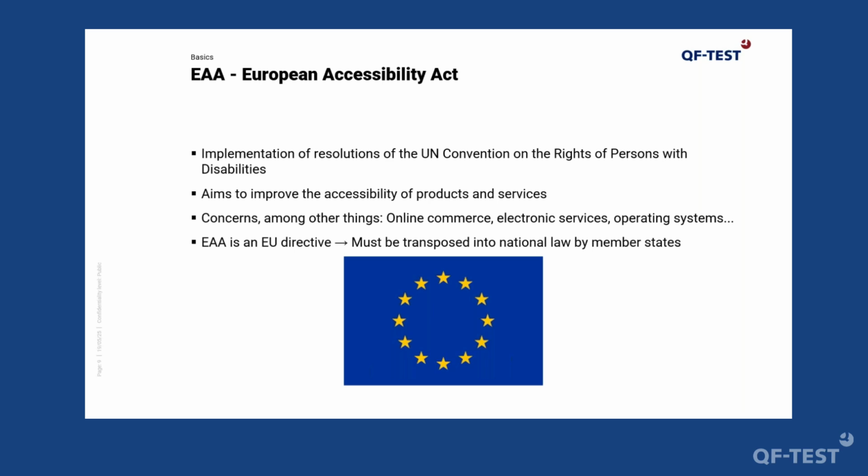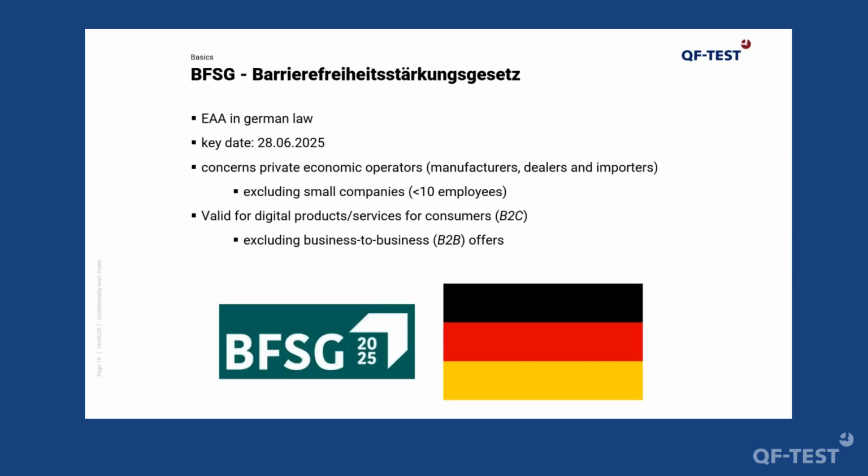The EAA, the European Accessibility Act, is an EU directive, so it must be transposed into national laws by member states. Every member state of the EU made their own national law with the EAA as the basis, as far as I know. And the German law is the BFSG, the Barrierefreiheitsstärkungsgesetz. That's the German way.